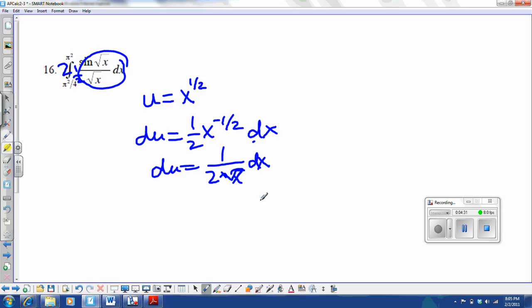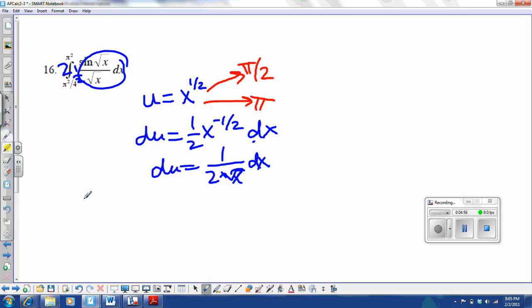Okay, now next thing I need to do is figure out my new limits of integration. My original limit was pi squared divided by 4. So the square root of pi squared divided by 4 is pi over 2. So my new lower limit is going to be pi over 2. And my new upper limit, the square root of pi squared, is just going to be pi.